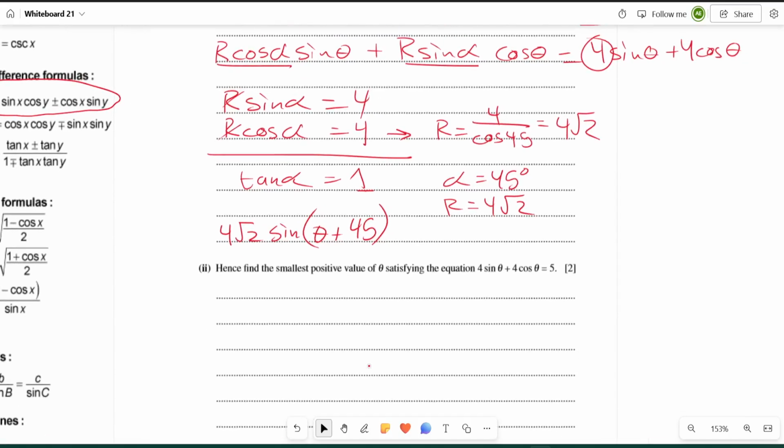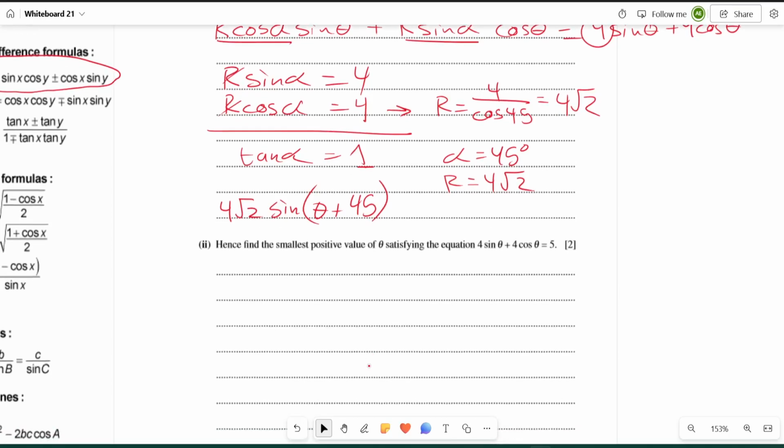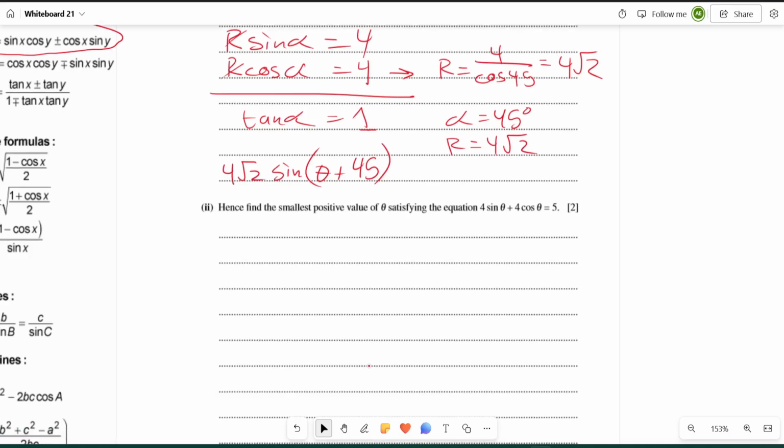Now, part I says, hence find the smallest positive value of theta satisfying this equation. Since it says hence, I will need to use the previous part. I know that 4 sine theta plus 4 cosine theta is equal to this. So I'm just going to straight away put 4 root 2 sine of theta plus 45 equals 5.